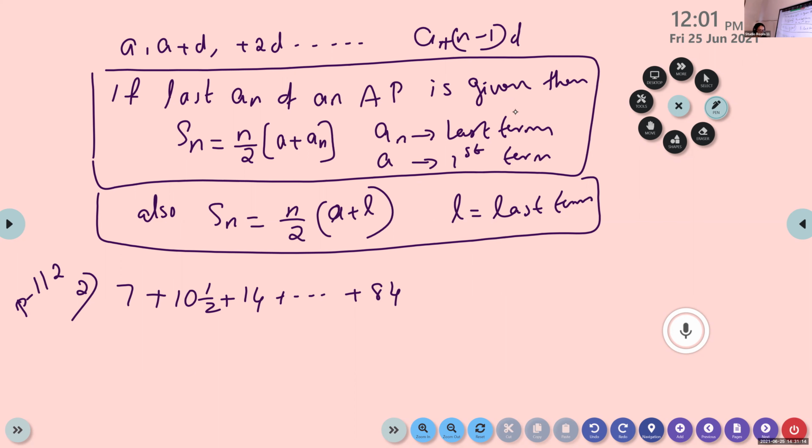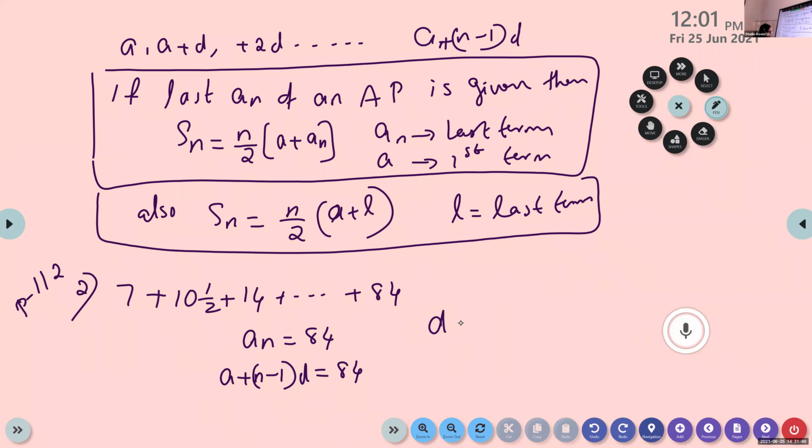Okay. So first of all, we need to find how many terms there are. For that, as in the last exercise, we are finding the number of terms. How? Let an equal to 84. a plus n minus 1 into d equal to 84. We will find which term is this 84. Okay.